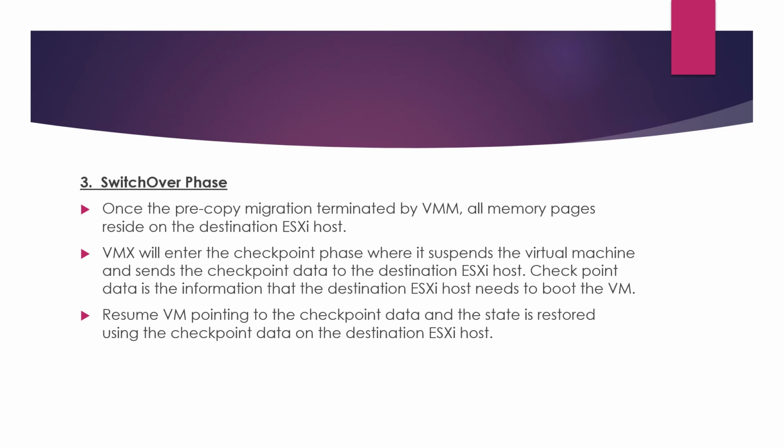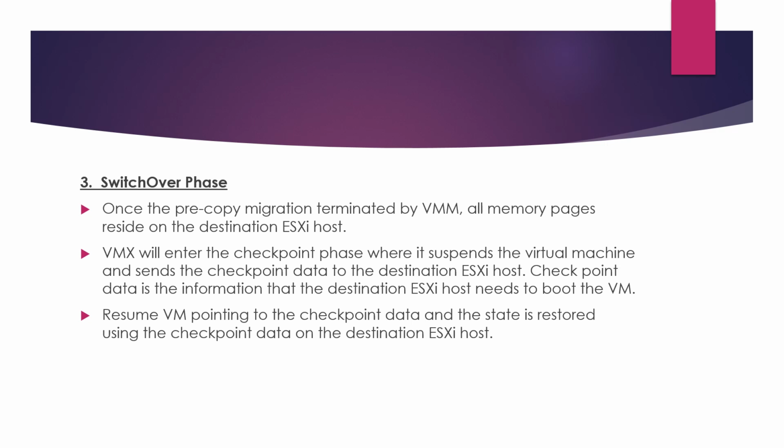Now it is the switchover phase. The VMM terminates the pre-copy migration. Now all the memory pages reside on the destination ESXi host. Now VMX will enter a checkpoint phase. It will suspend the source virtual machine and send the checkpoint data to the destination host.